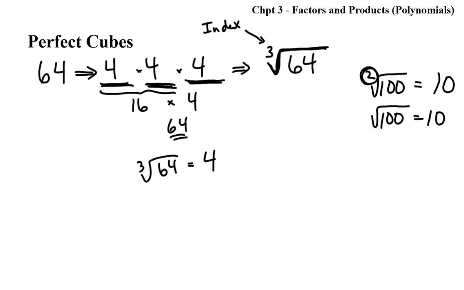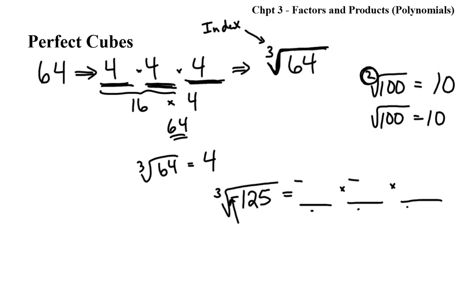Now, what you have to be careful of now is cube rooting a negative number. Square rooting a negative, we just showed you, can't be done. But cube rooting a negative can be done, because I want to multiply something 3 times as a factor, and in order to get a negative, I can multiply a negative times a negative times a negative to equal a negative value.